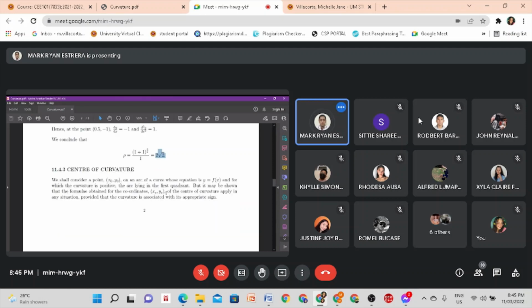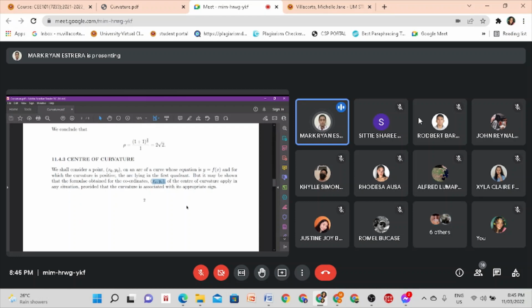Okay, so we shall consider a point xo, yo on an arc of a curve whose equation is y equal to f of x, and for which the curvature is positive. The arc lying in the first quadrant may be shown that the formulae obtained for the coordinates xc, yc, this would be the center of the curvature, apply in any situation provided that the curvature is associated with its appropriate sign.